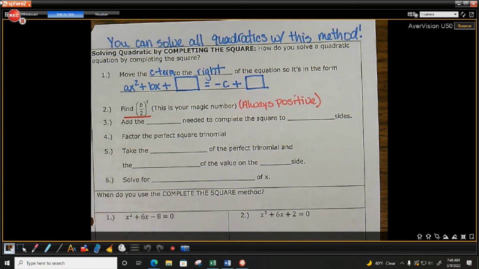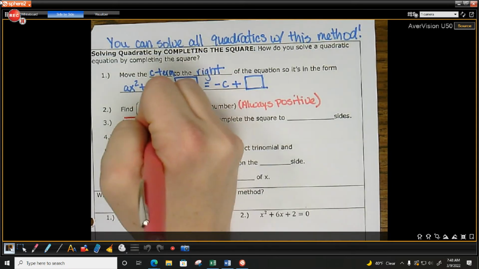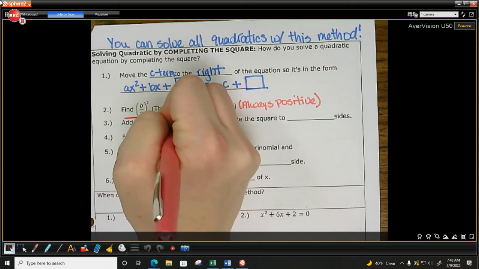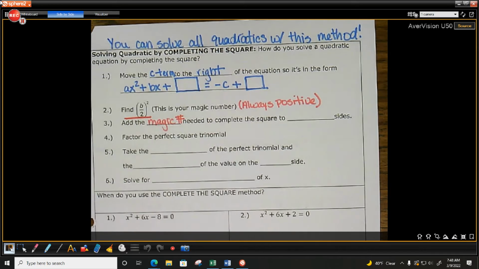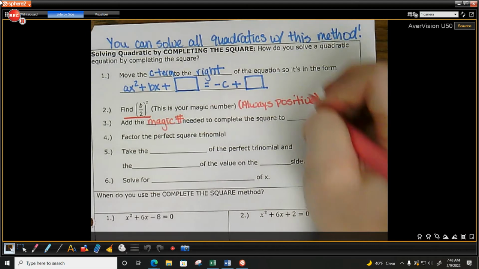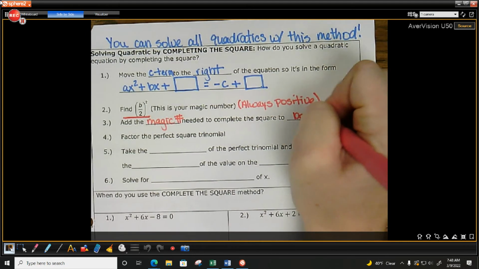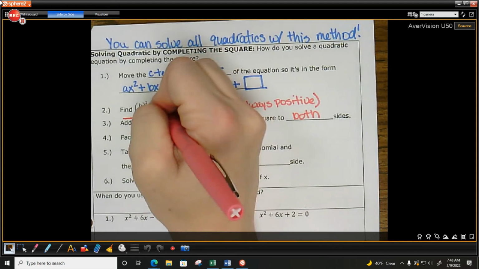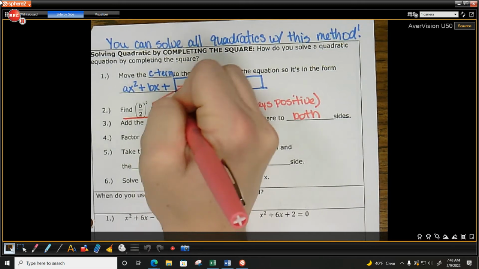Positive times positive, positive. So your magic number is always positive. Okay? So we're going to find the magic number, then we are going to add the magic number needed to complete the square to both sides. That's what the empty box is for. We're going to put that magic number in both boxes.